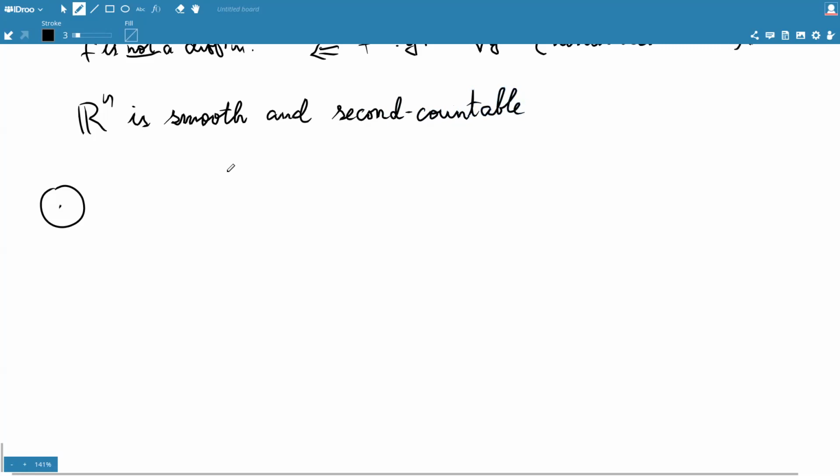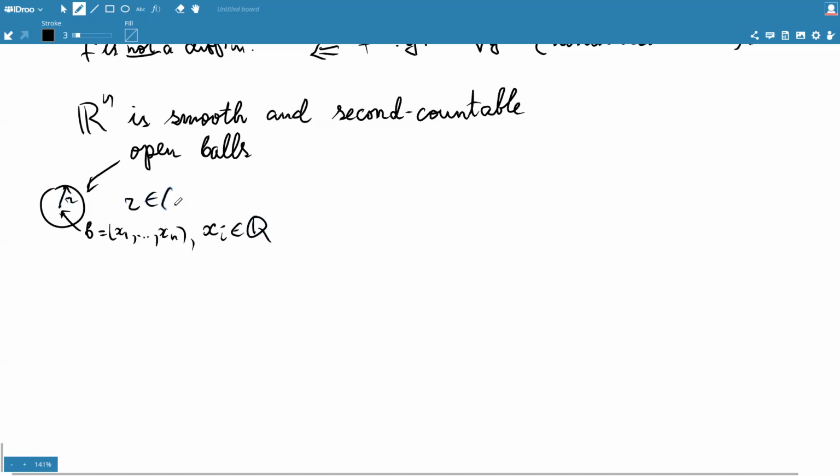For this, we take the set of open balls with center at the point, say B, with coordinates x1 to xn, which all are rational, and the radius r to be also rational.